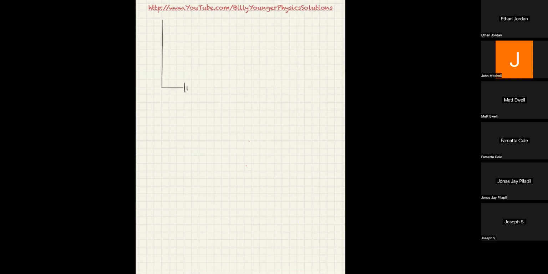Okay. I'm trying to make use of the niceness of my program to make lines straight and stuff. So sometimes it's a little more convenient and looks better. All right. Now, about halfway through there, I've got another line that comes off and goes to the left.